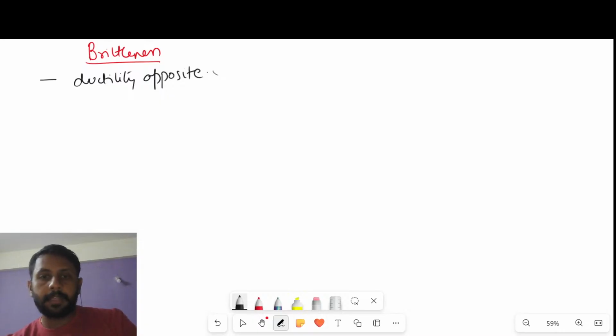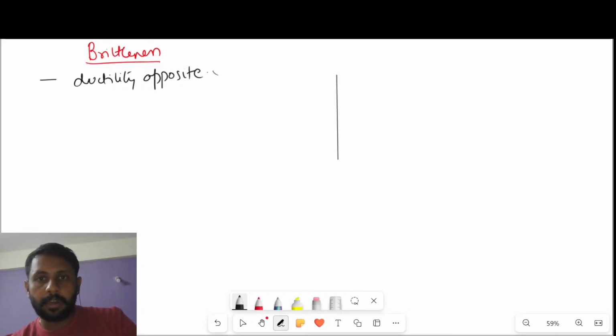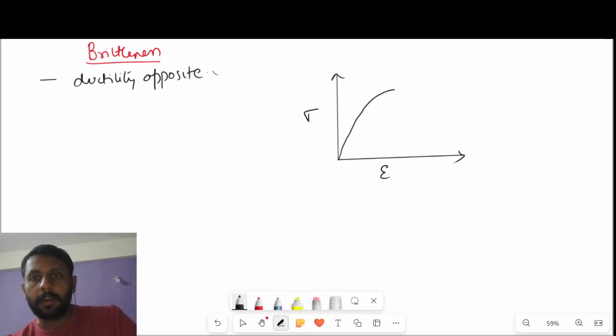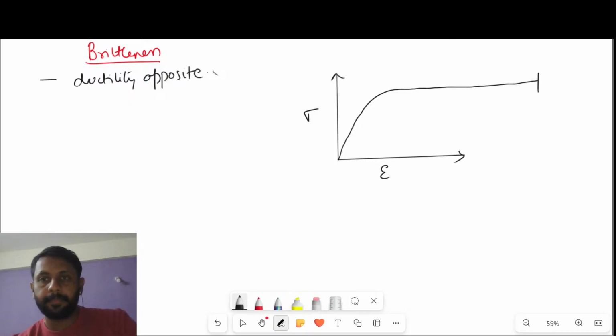If I draw the stress strain curve, a ductile material will fail somewhere here. The failure point is D. For a brittle material, the failure point is somewhere here only.